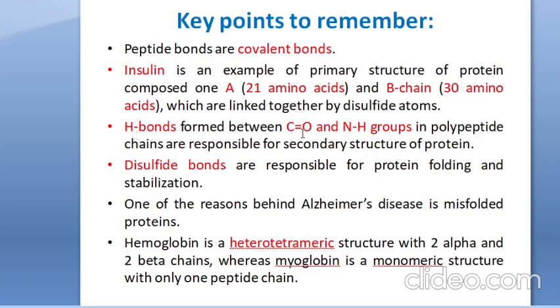Then hydrogen bonds formed between C double bond O and NH groups in polypeptide chains are responsible for secondary structure of proteins. Disulfide bonds are responsible for protein folding and stabilization. One of the reasons behind Alzheimer's disease is misfolded proteins, and this point is really important from the entrance point of view. Then the structure of hemoglobin is a heterotetrameric structure with two alpha and two beta chains, whereas myoglobin is a monomeric structure.